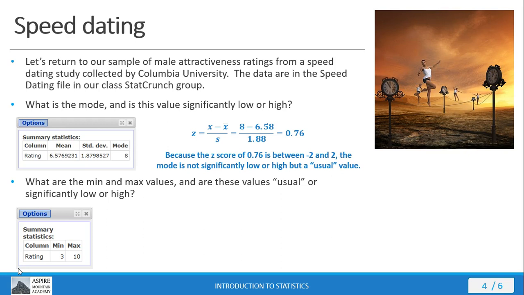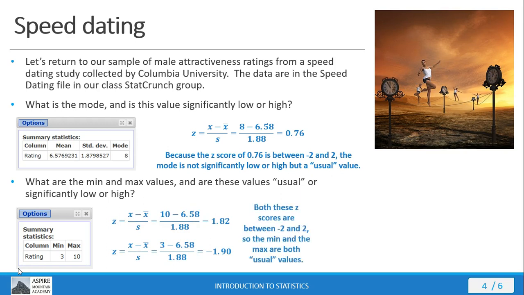Now, once you have your min and max values, you can convert each of those values into Z-scores. If you observe those Z-scores, you'll see that both of them are inside the range of usual values that are between -2 and +2. So neither one of these values is unusually low or high.